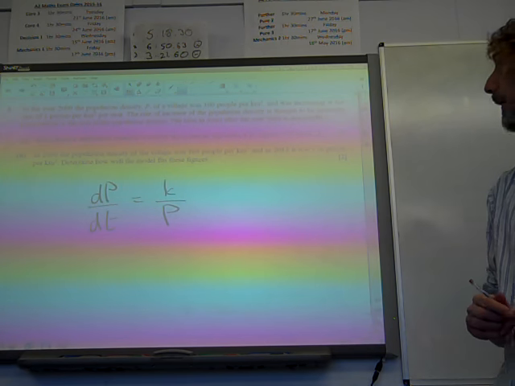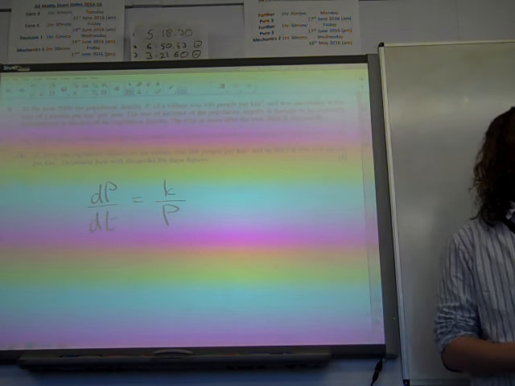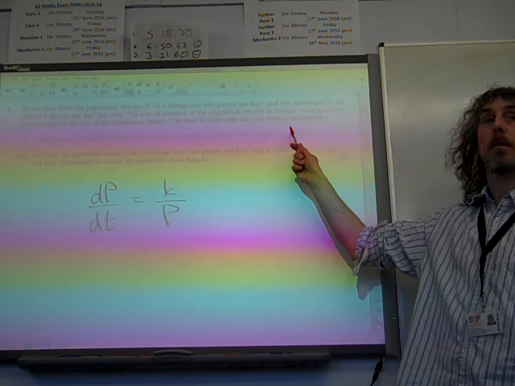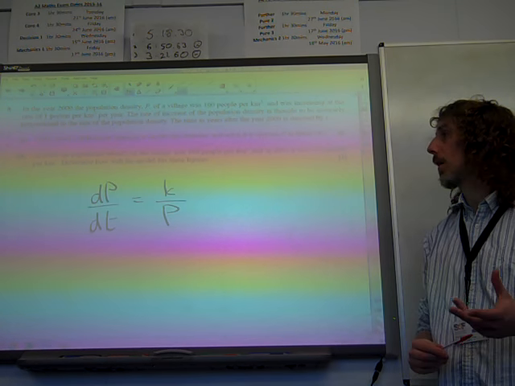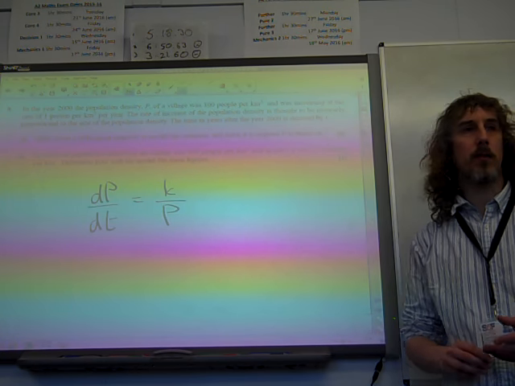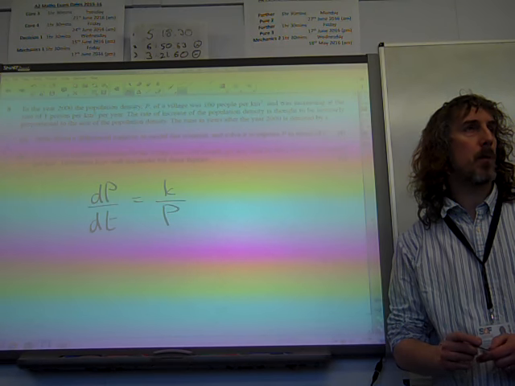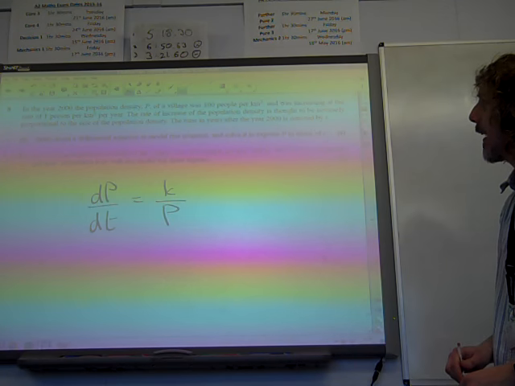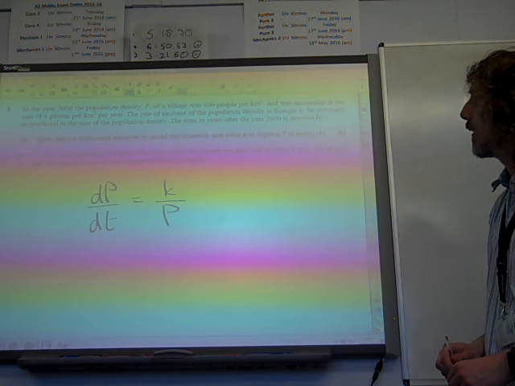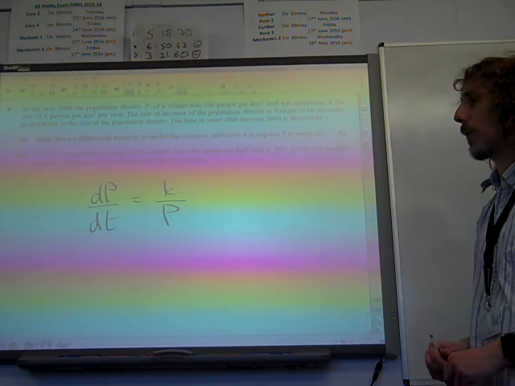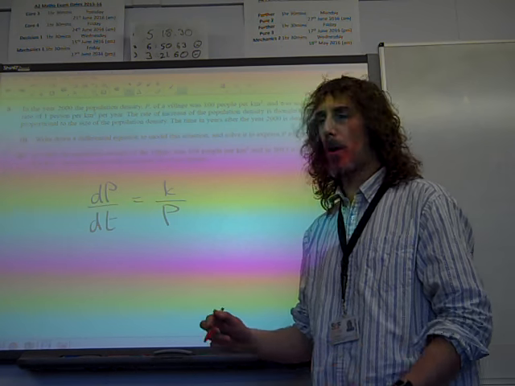Solve it to express p in terms of t. Notice what it says here, to express p in terms of t. So we've got to end up with p equals. Well, this kind of differential equation, actually we can do something with this straight away, can't we? We'll come to that later on. We'll solve this as it is at the moment.